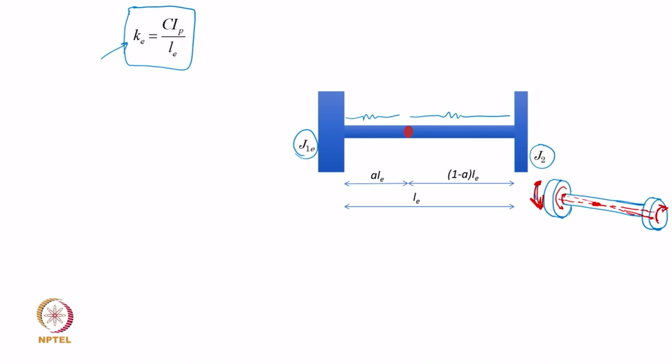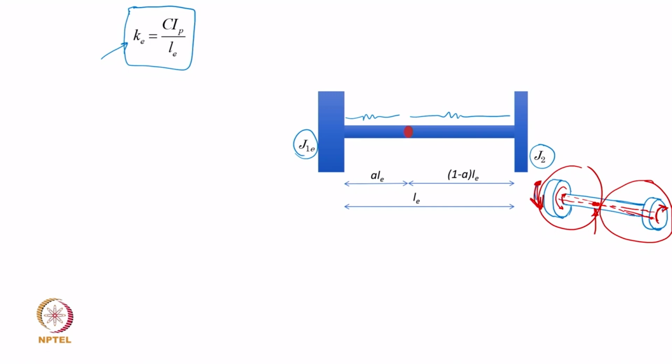So, about this particular point along the length, this part oscillates like one single body on one side and this part oscillates like another body in the opposite sense. So, both of them will oscillate with the same natural frequency, which is expected, otherwise it will not oscillate harmonically.